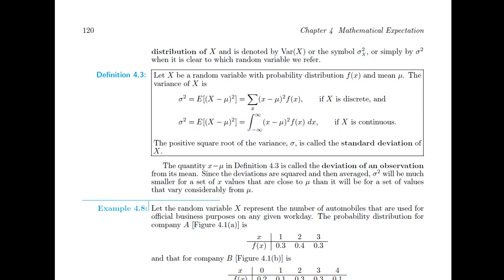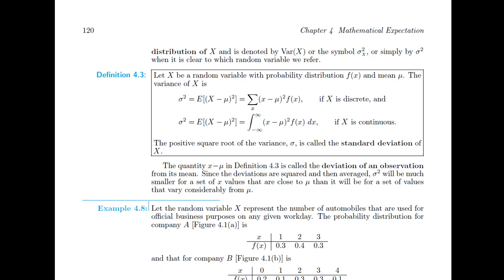The definition: let X be a random variable with probability distribution f(x) and mean μ. The variance of X is σ² = E[(X − μ)²] = Σ (x − μ)² f(x) if X is discrete, and σ² = E[(X − μ)²] = ∫ from −∞ to +∞ of (x − μ)² f(x) dx if X is continuous.